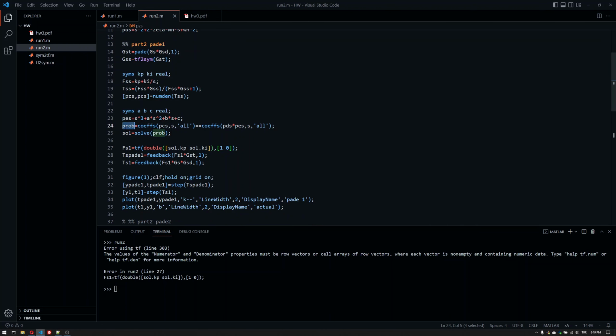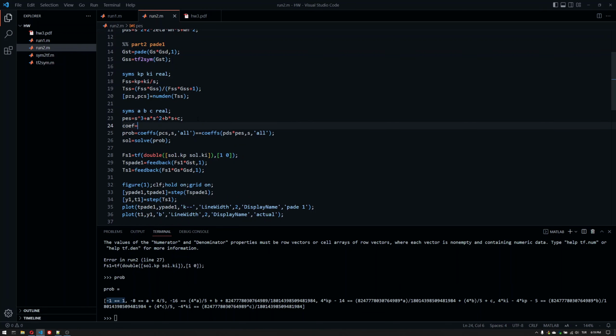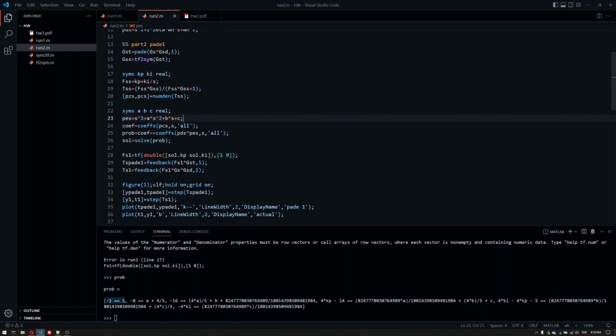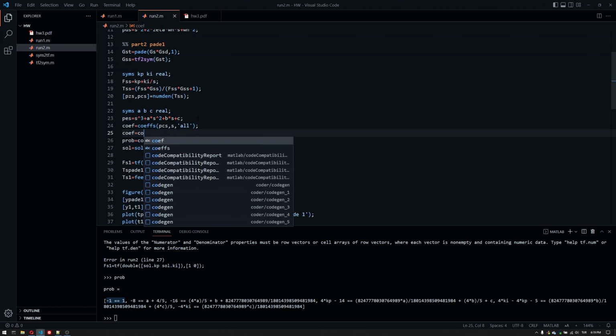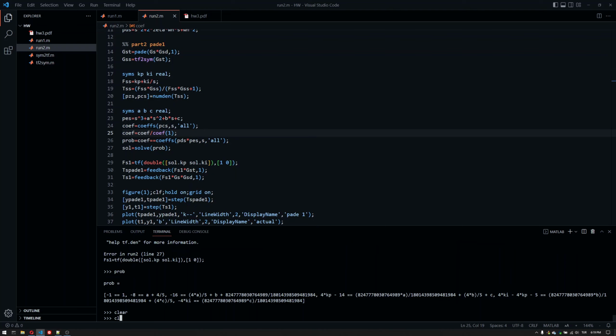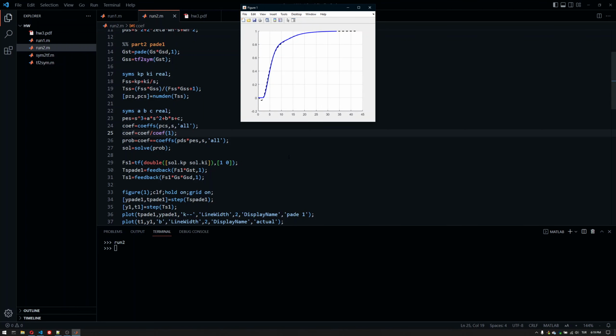So what about the problem here? Oh, we have a minus sign here. Okay. So we need another variable here, and it's going to be coef divided by coef1. So we get rid of that negative sign. And now it kind of works.